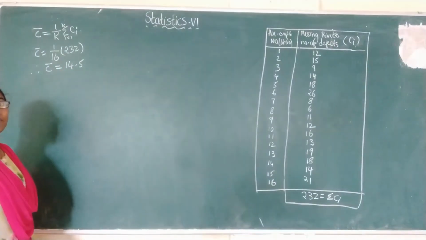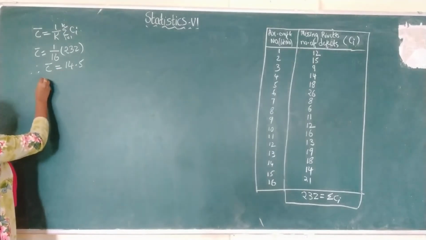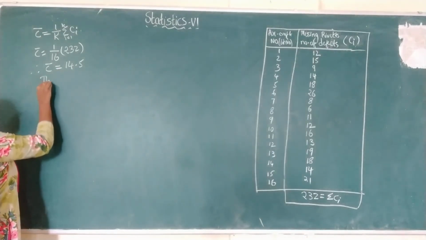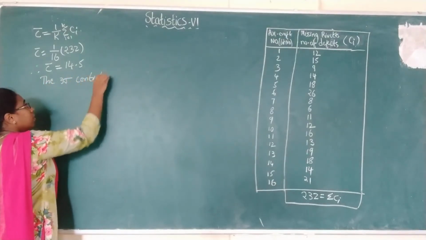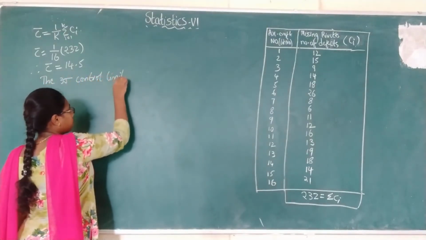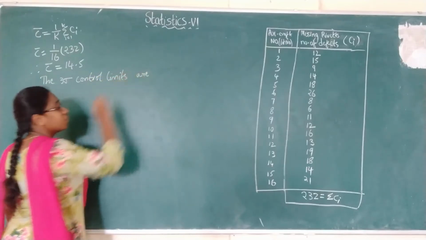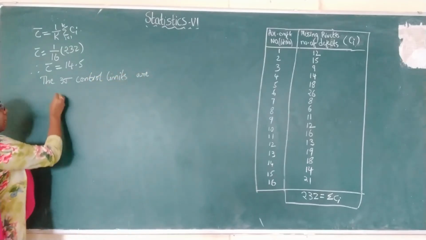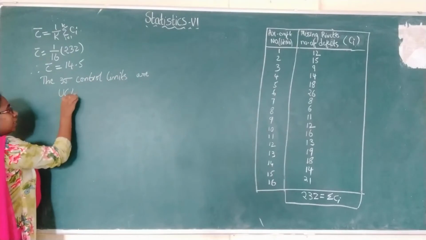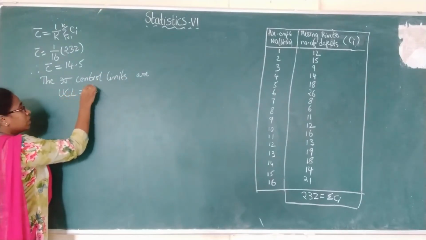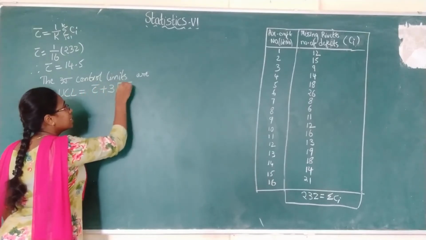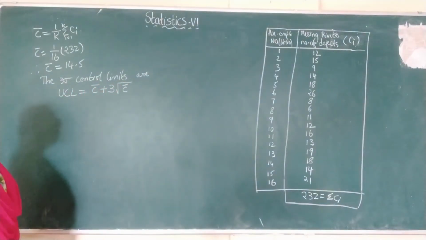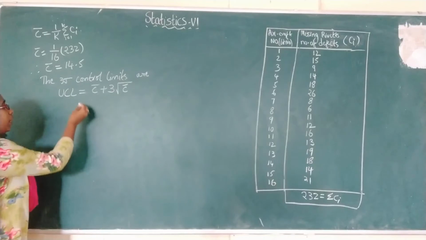Next you have to construct the control limits. So the 3 sigma control limits are, first find out the UCL value. What is UCL? UCL equals C bar plus 3 into under root C bar. What is the C bar value we got? 14.5.